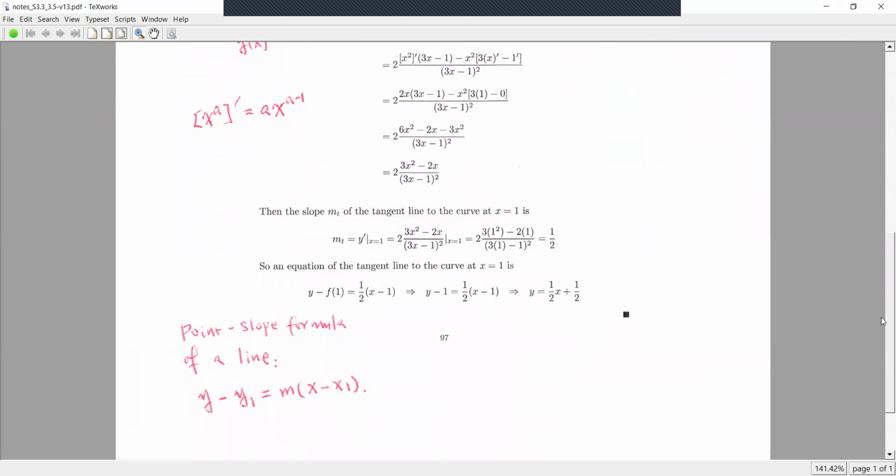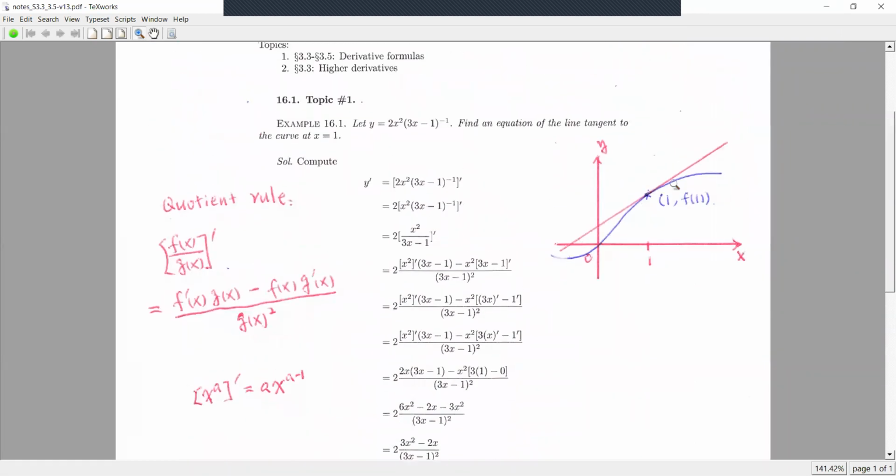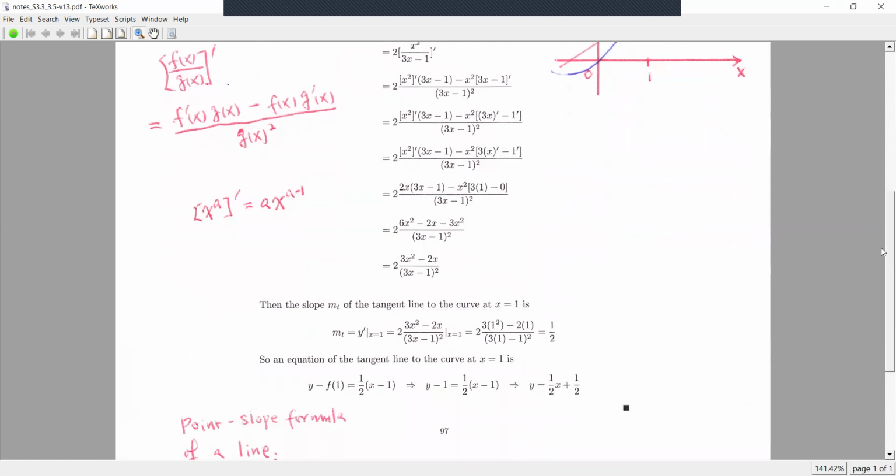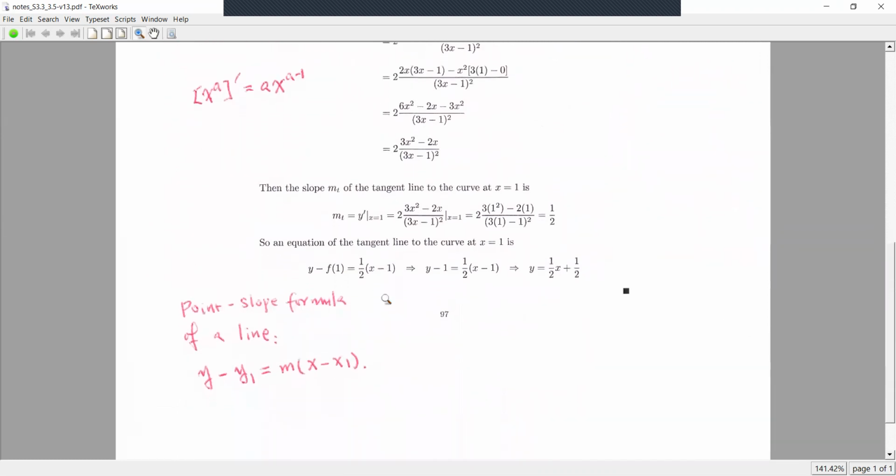Now, about this tangent line, we have the slope, 1/2. And also we have this point on the tangent line. This point is 1, function value at 1. The function value at 1 is 1. So with this point and the slope, we can write down the equation of the tangent line by the point slope formula.